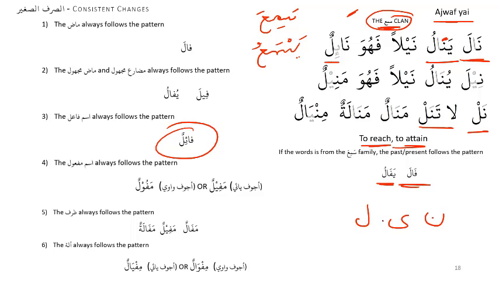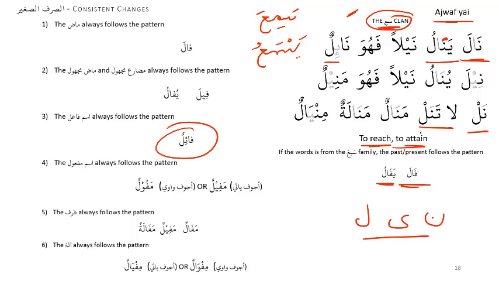Sometimes with the same root letters you will see in the dictionary that if this is in Bab Daraba, then the meaning is this, and if this is Bab Nasara, then the meaning is something else. So here we are saying that nala yanalu, Bab Sami'a, means to attain or to reach. It's not evident, but that's how they claim it. That's how they are categorized.